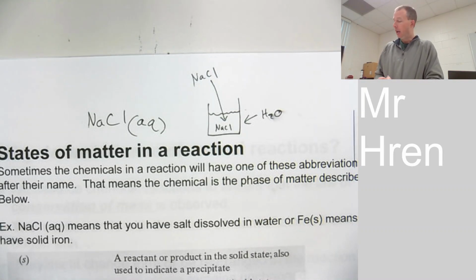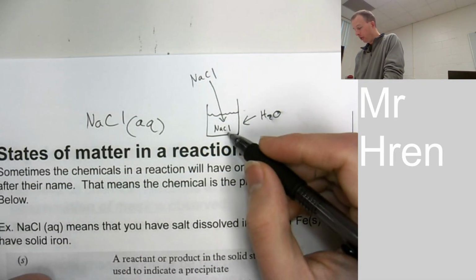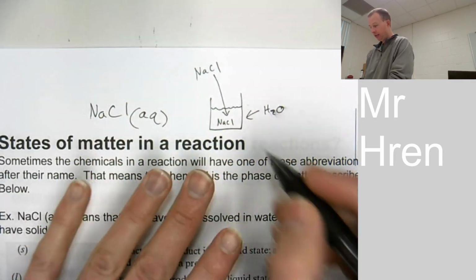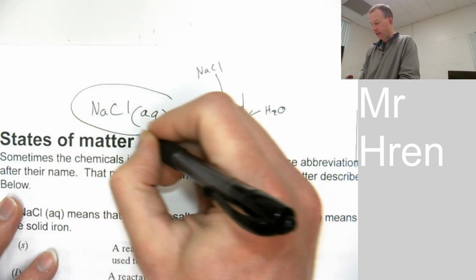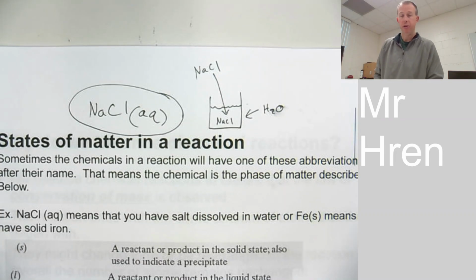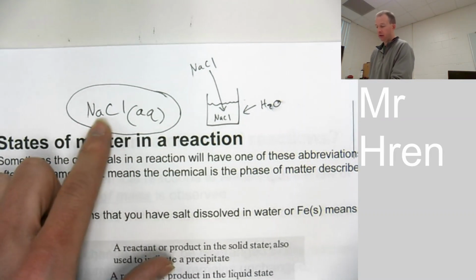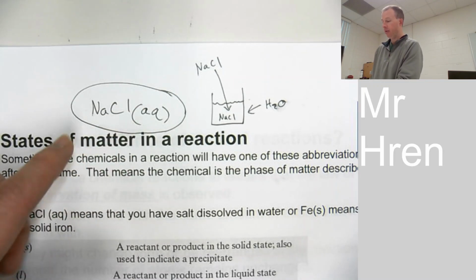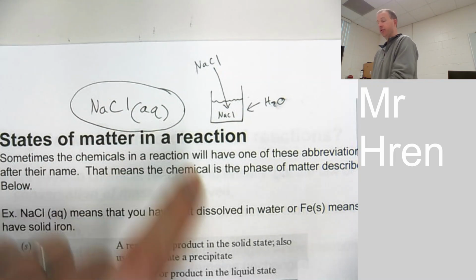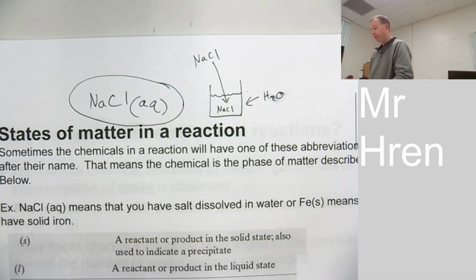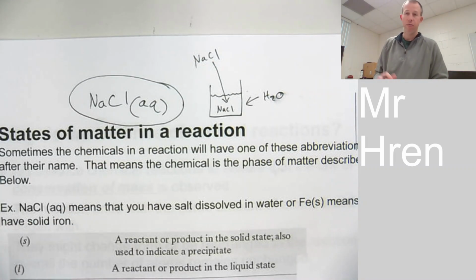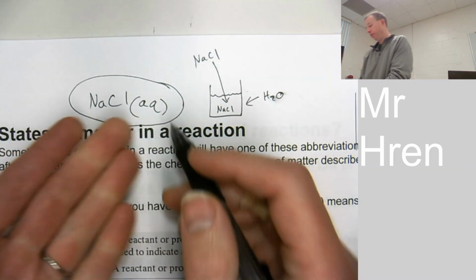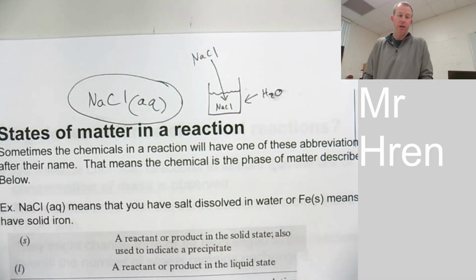And when you do that, the way you write it is NaCl AQ. So you'll notice that there's no mention of water anywhere. There's simply sodium chloride AQ, implying that you have sodium chloride dissolved in water. So that's what the AQ tells you: you don't need to actually write H2O anywhere. You're just saying sodium chloride aqueous, it's dissolved in water.